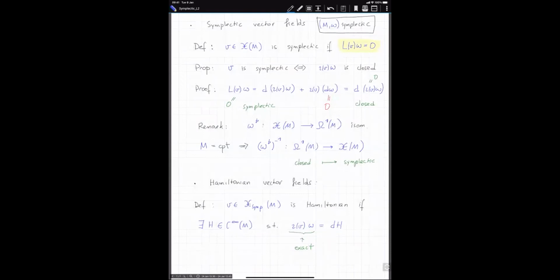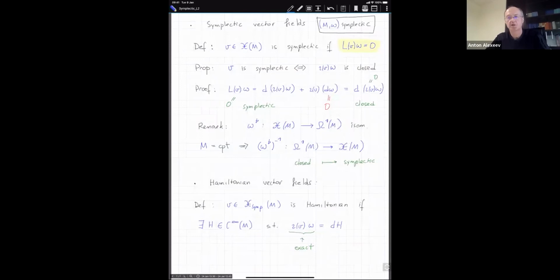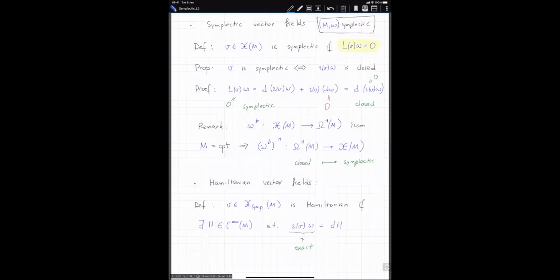Yes, we assume M to be symplectic. So omega is the symplectic form on M, and omega flat, remember, is that mapping vector fields to one forms. I see. And so the definition of a symplectic vector field is basically the image of the subset of closed forms under this isomorphism.